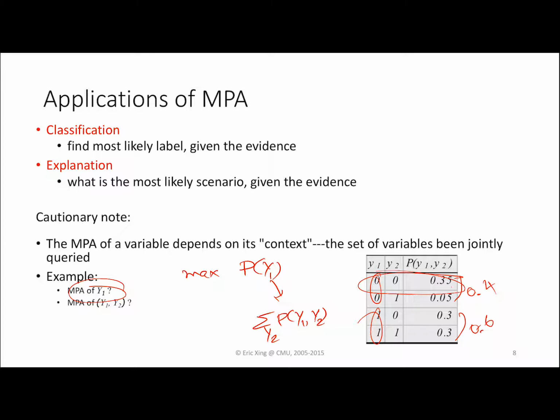But when you are computing the joint, that might not be the case. It is important because providing evidence can change your best assignments. Your best assignments are best within a context. If the question you are asking is the best marginal, that best marginal might not be the same as the best joint distribution.